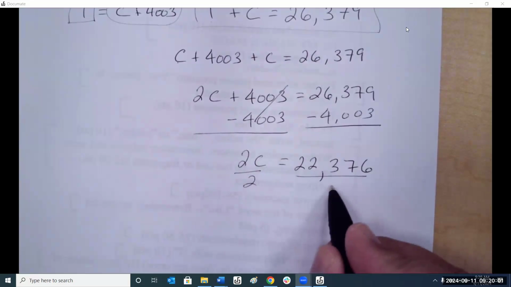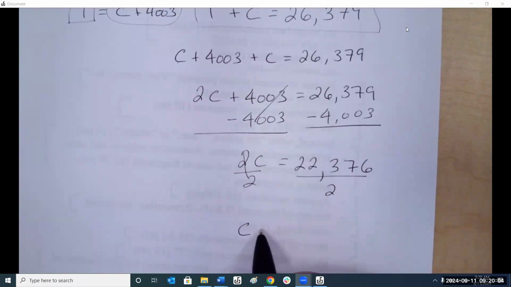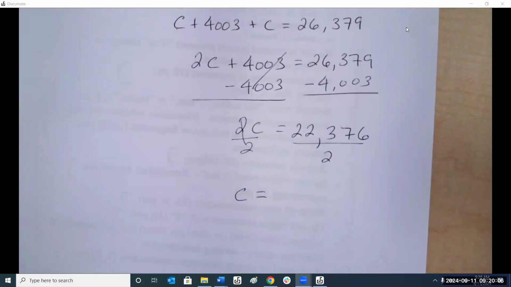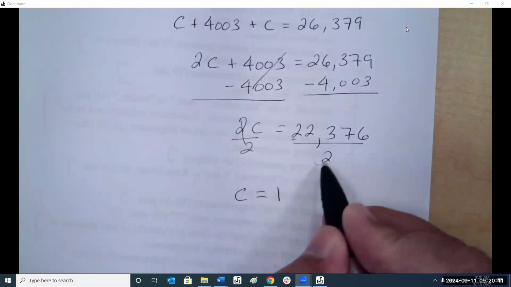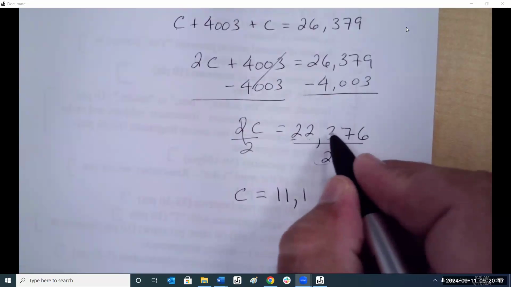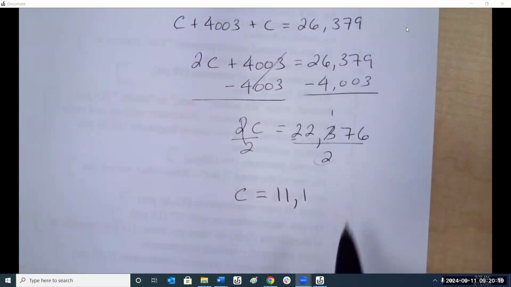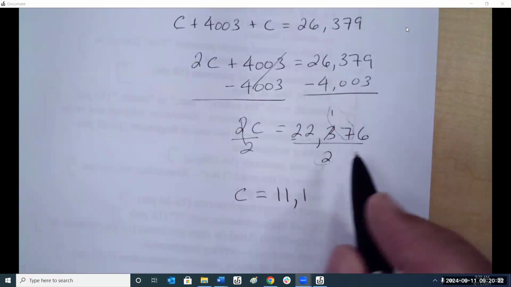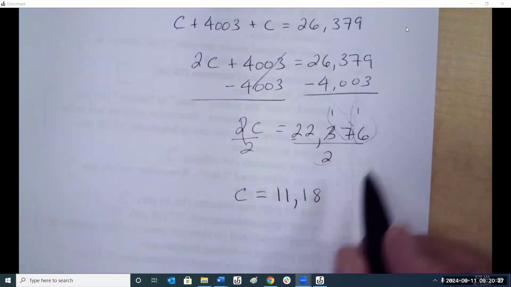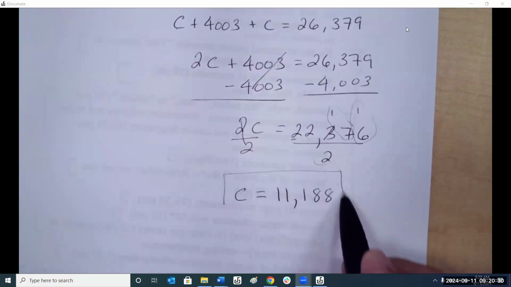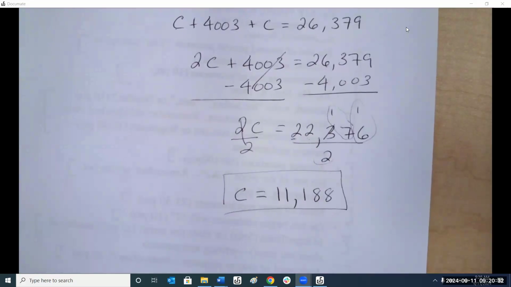Now I got to divide by 2. So the number of stores in California: 2 goes into 2 one time, 2 goes into 2 once, 2 goes into 3 once with 1 left over. 2 goes into 17 8 times with 1 left over. 2 goes into 16 8 times. So California has 11,188. How many stores does Texas have?